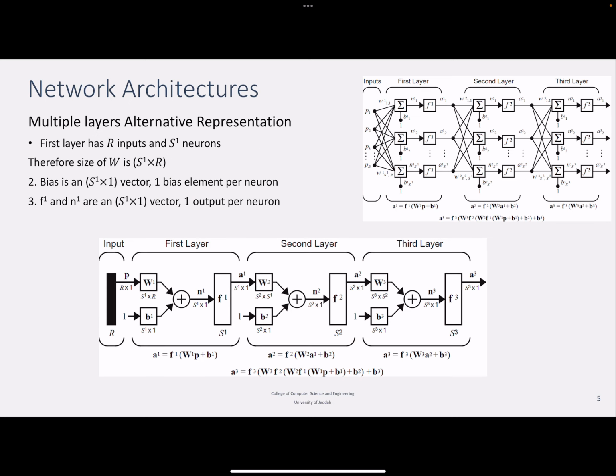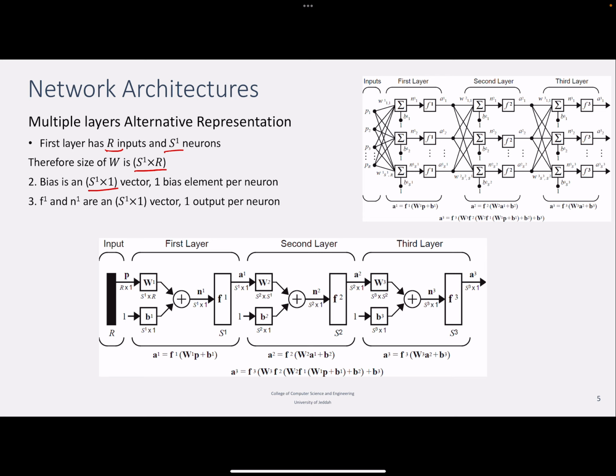So if the first layer has R inputs and S1 neurons, that means that the weight matrix will have dimensions S1 by R, and the bias vector will have dimension S1 by 1.